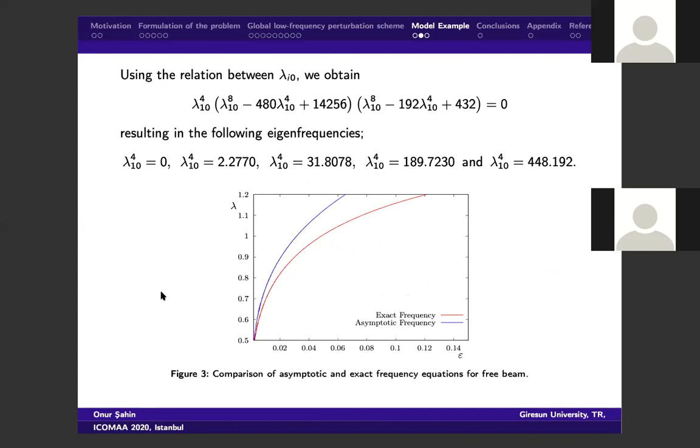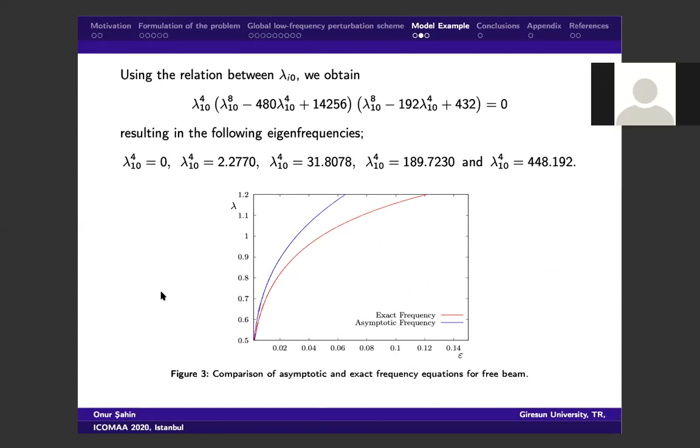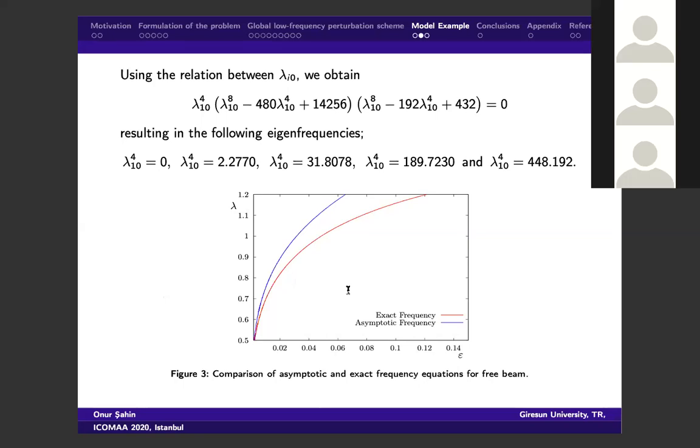Here we present some figures, including numerical comparison of the exact and asymptotic results. Exact and asymptotic curves of the frequency equation for the 5-component beam. It can be easily seen that as the small parameter epsilon becomes smaller, which means that there would be a great contrast between the stiff and soft components, the exact solution becomes highly compatible with the asymptotic one.